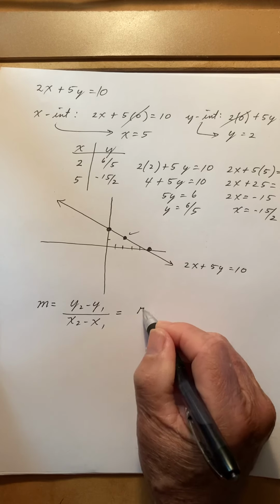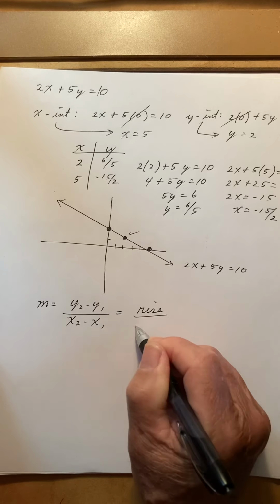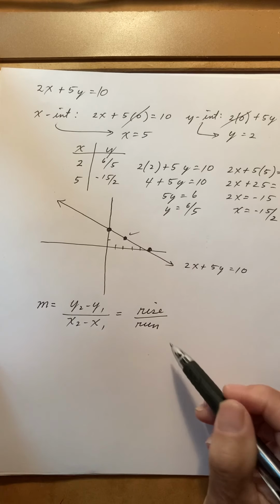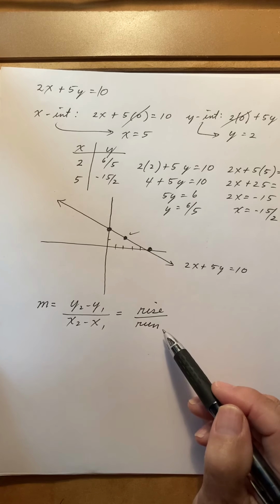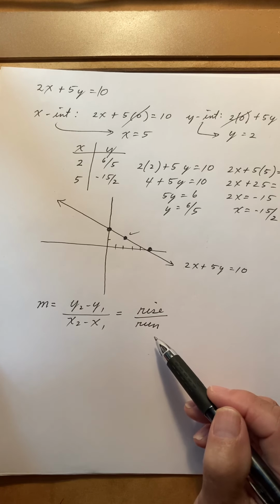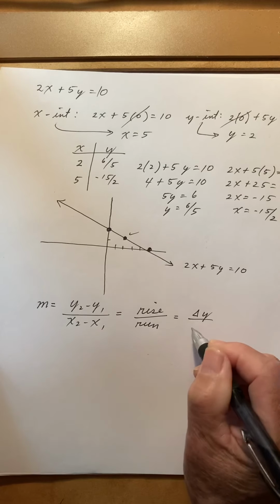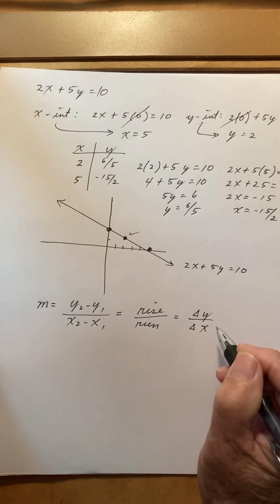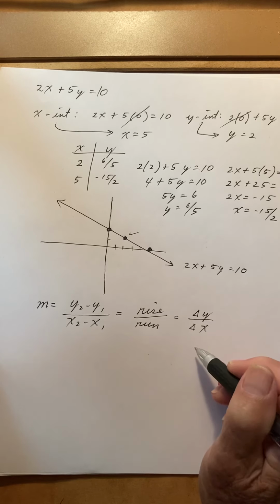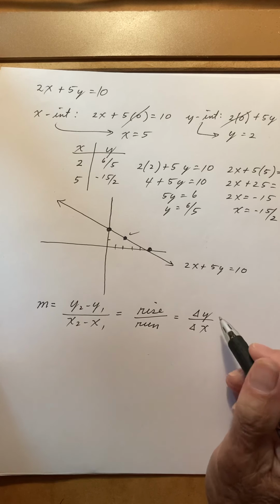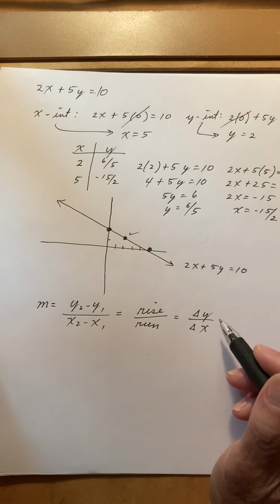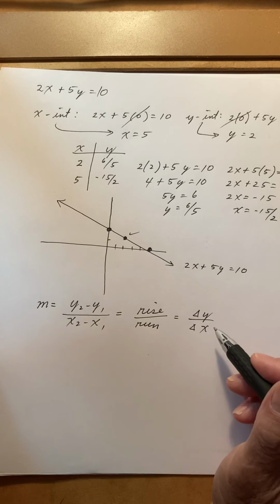We also know that this is the same as rise over run, which rise is your vertical change and run is your horizontal change in the line. And you also may be familiar with this as well, called delta y and delta x, where delta is a Greek letter meaning the change in.